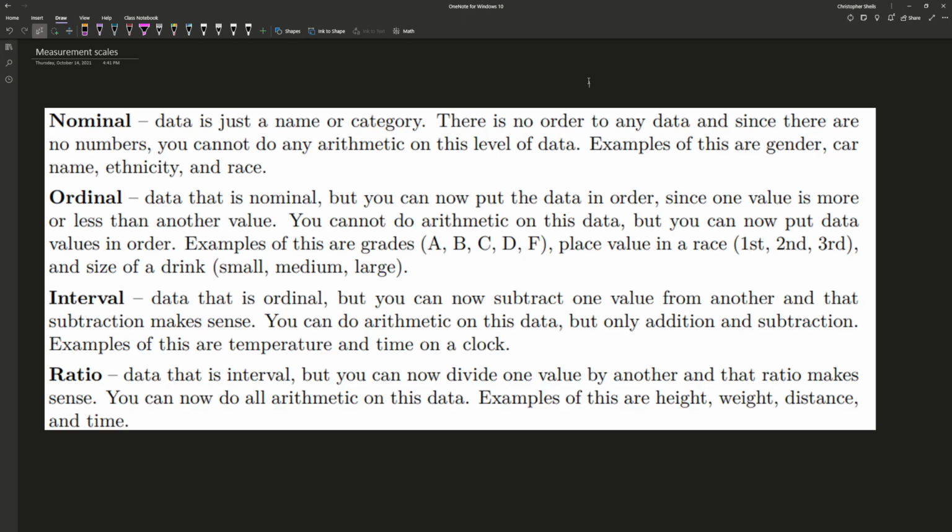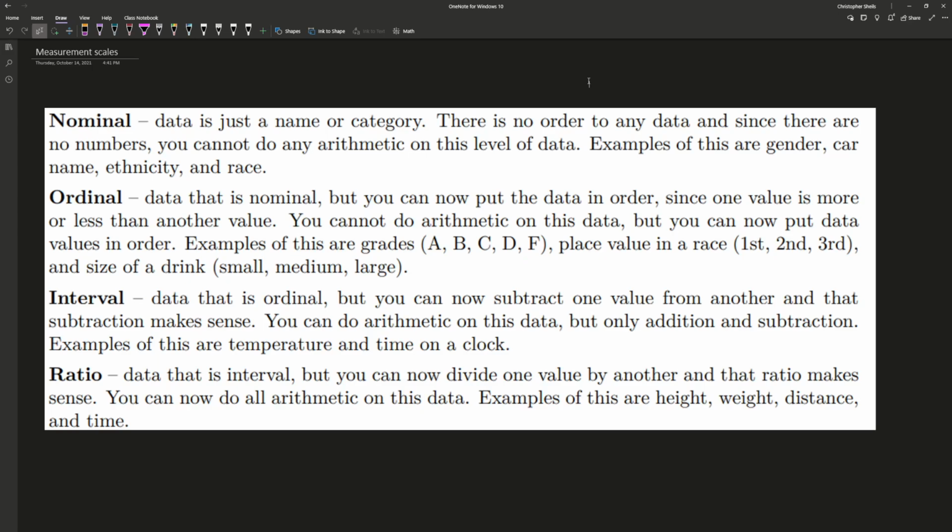On a nominal measurement scale, data is just a name or category. There's no order to any data since there are no numbers and you can't do any arithmetic on this level of data. Examples of this are things like gender, car name, ethnicity, and race.